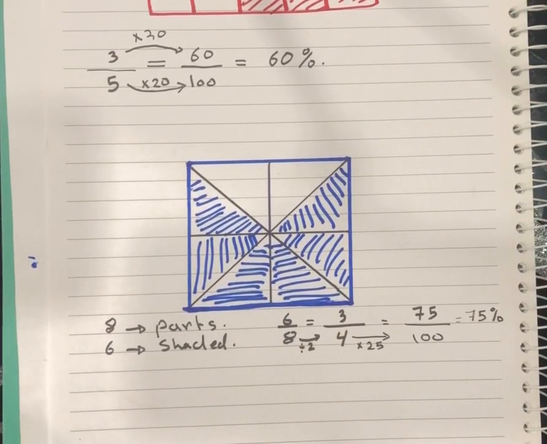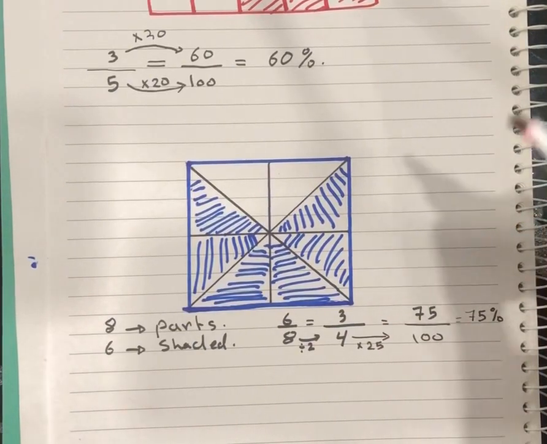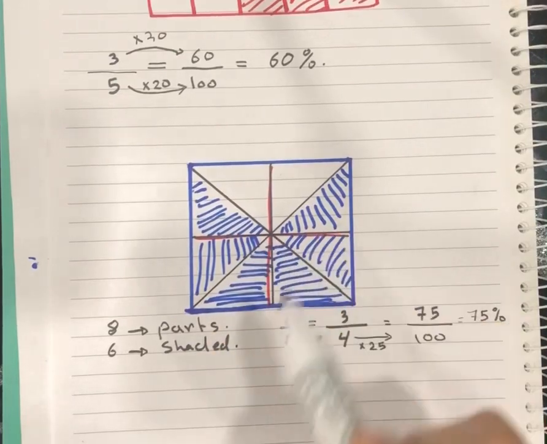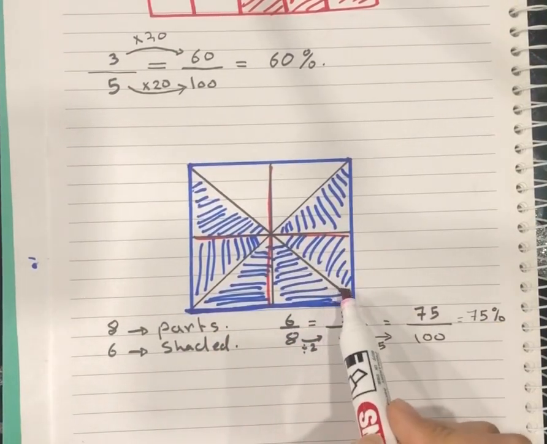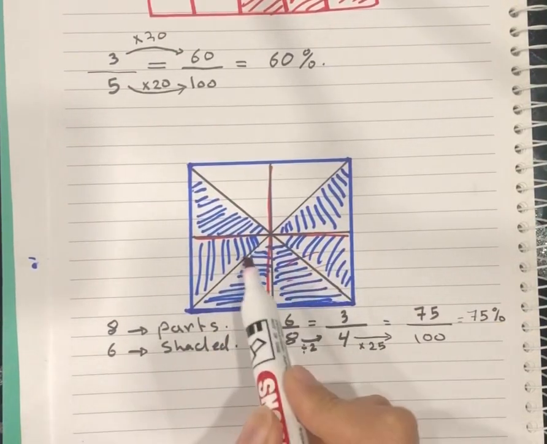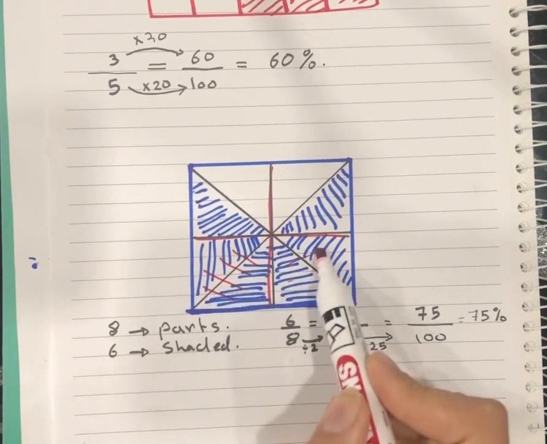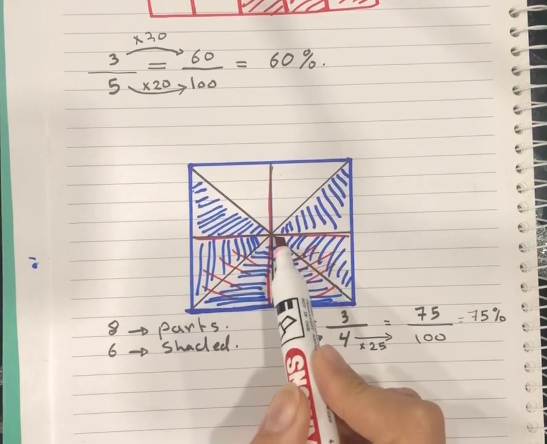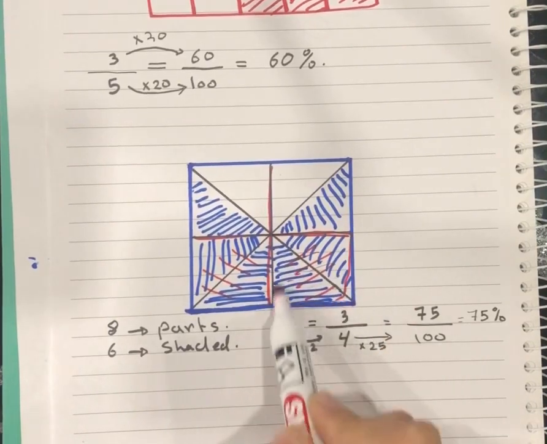Or you can say this box is divided into 8, but I want to change that and divide it into 4. You can say this one whole part is shaded. This second part is shaded. You divided them into smaller squares. So this square is shaded.